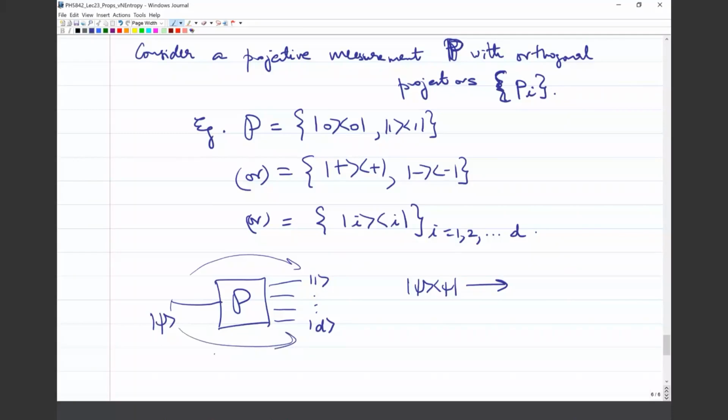But the correct way to model measurement as a map, as we know, is to say that the output is an incoherent mixture of all possible outcomes, weighted, in the case of a pure state, by these probabilities. You can see for yourself, and we've done this before, that this is nothing but acting these rank 1 projectors on the state.